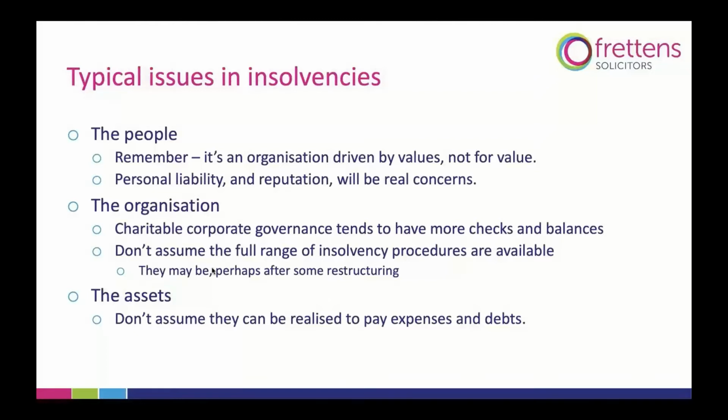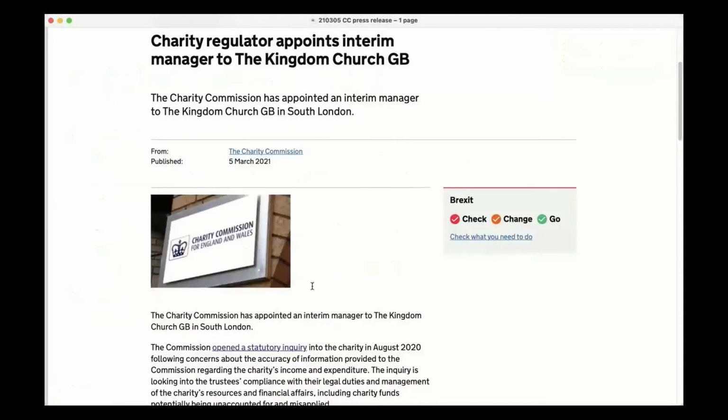There's one other topical issue that I'm just going to mention, which is that on Friday, I got sight of a press release from the Charity Commission. I'll just see if I can put that up on screen with you. Here we go. It says that the Charity Commission has appointed an interim manager to the Kingdom Church GB in South London.